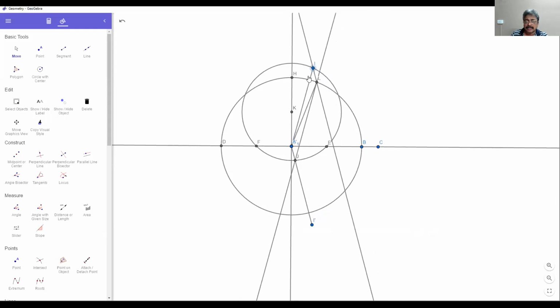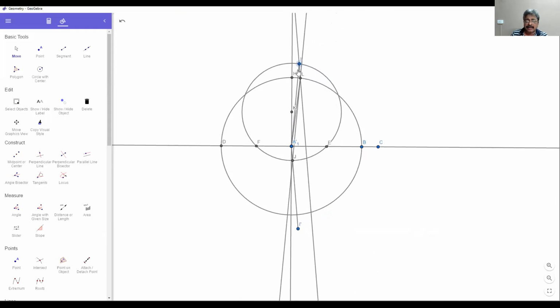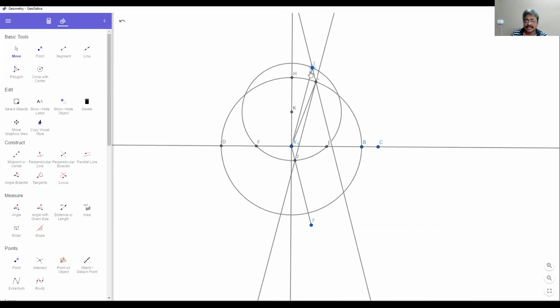Can you see that? When I is on the y-axis, it is this point, 1 plus root 2, and this point is 1 minus root 2. So 1 plus or minus root 2 are the intersections of this small circle with the y-axis.